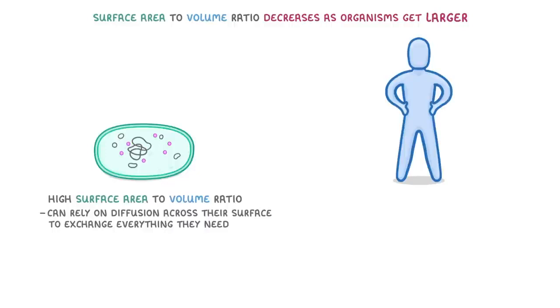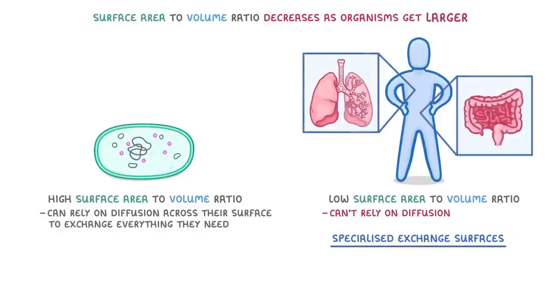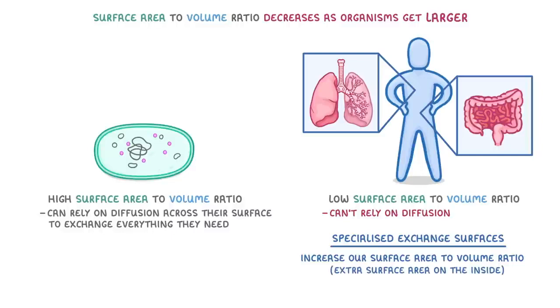On the other hand, because humans are so big, we have a low surface area to volume ratio, which means that we can't rely on diffusion for all of our needs. Instead, we have to have specialized exchange surfaces, like the lungs and intestines, which effectively increase our surface area to volume ratio by giving us a huge extra surface on the insides of our body.